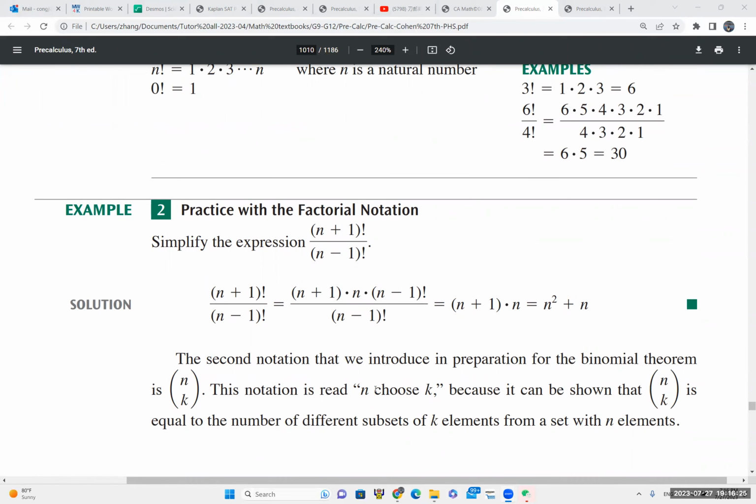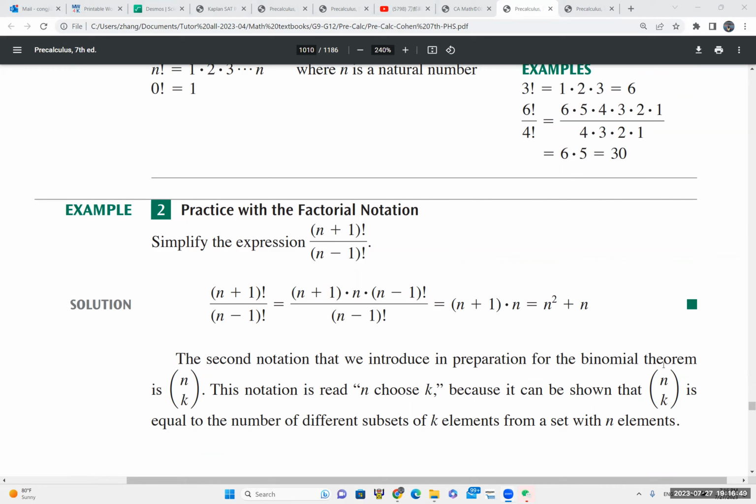Here you read it as n choose k. The notation is read as n choose k. This is the second notation that we introduced; above we talked about the factorial, then this is another notation.